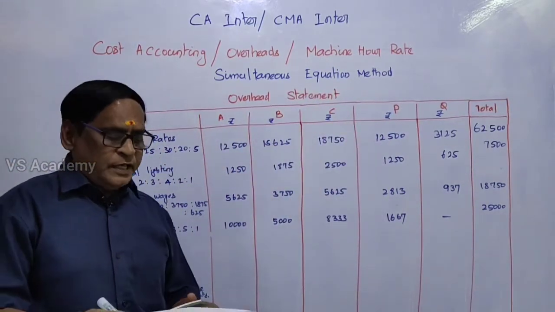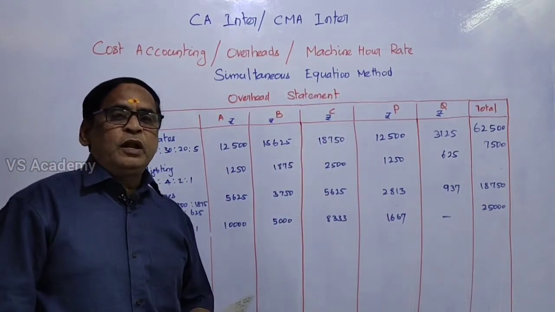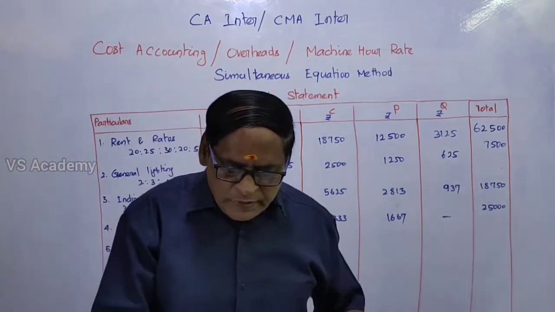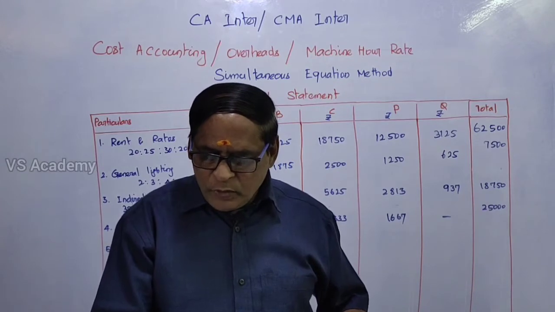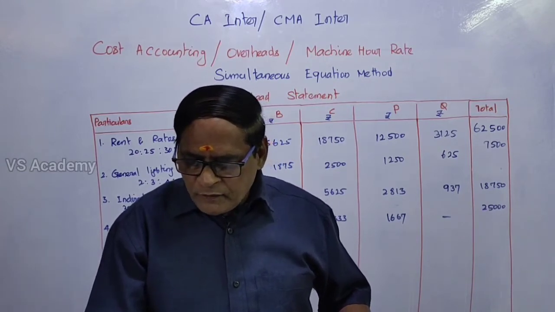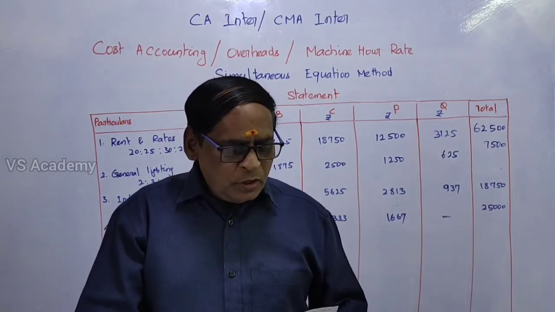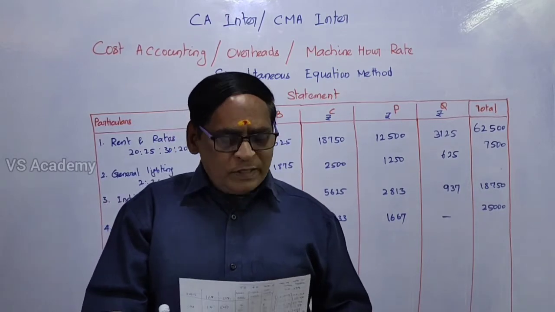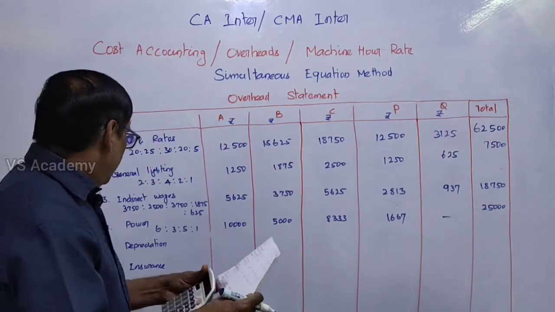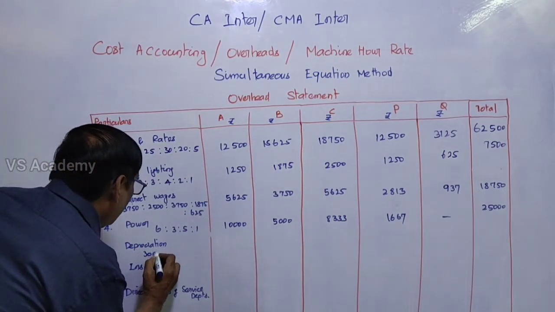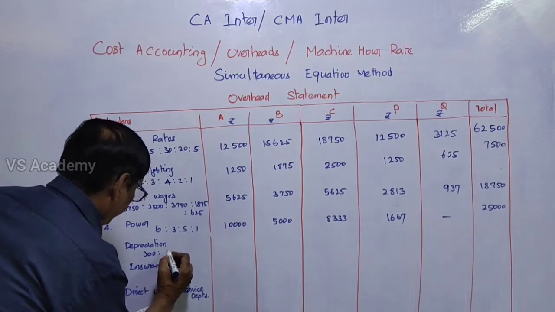And then depreciation. Depreciation is to be distributed on the cost of machinery. The cost of machinery is also given: 3 lakh rupees for P1, 4 lakh for P2, and then 5 lakh for P3, 25,000 for S1 and 25,000 for S2. So what will be the ratio? If we simplify it, the ratio is 300:400:500:25:25.